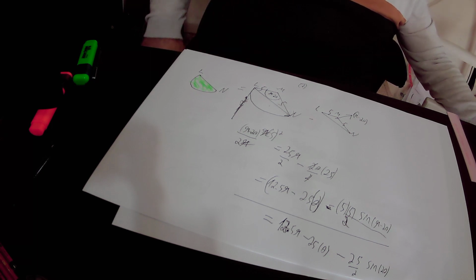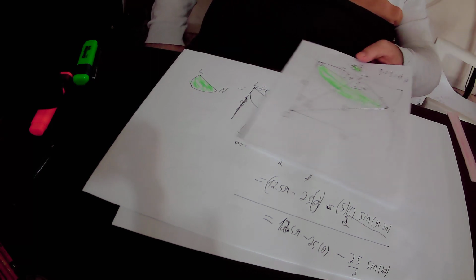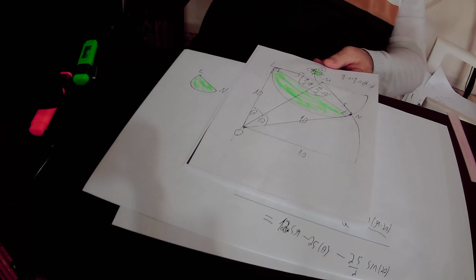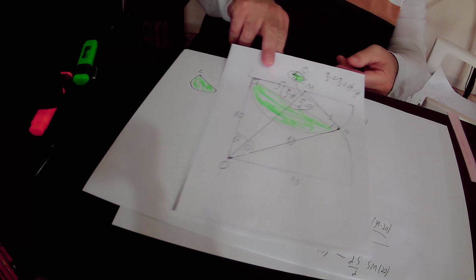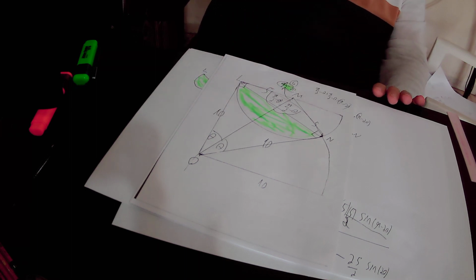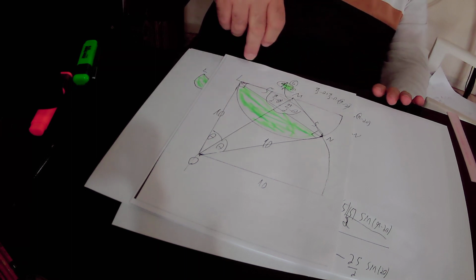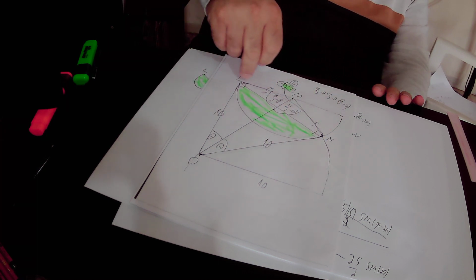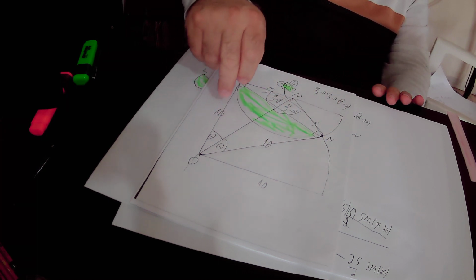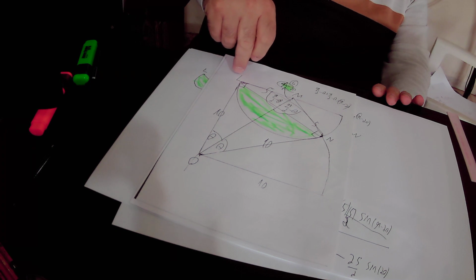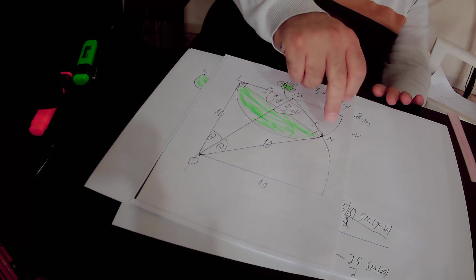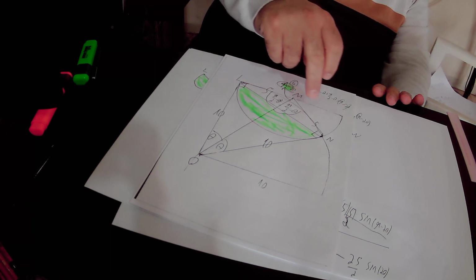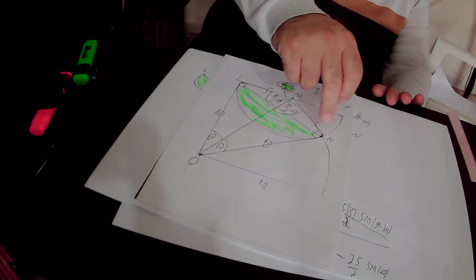So here our mission was to find out the area of the lower circular segment of the big lens. The area of the lower circular segment will be equal to the area of sector LMN, minus the area of triangle LMN.